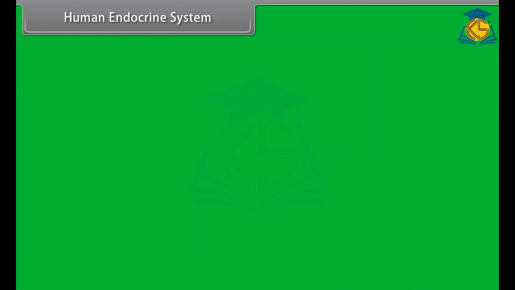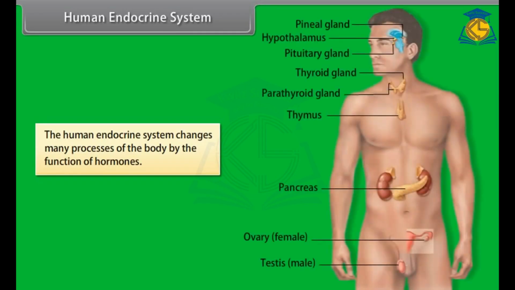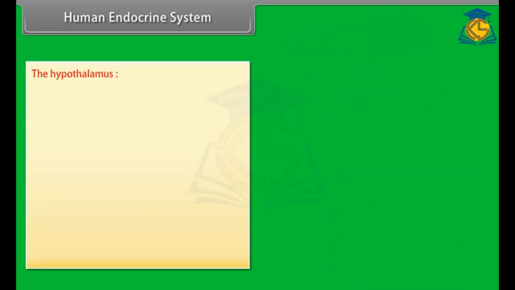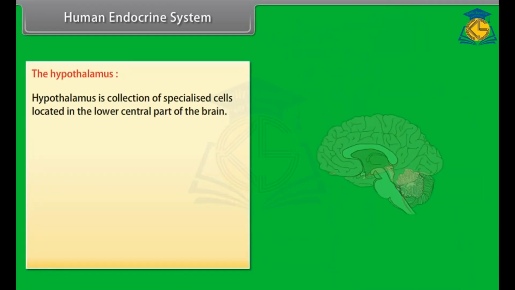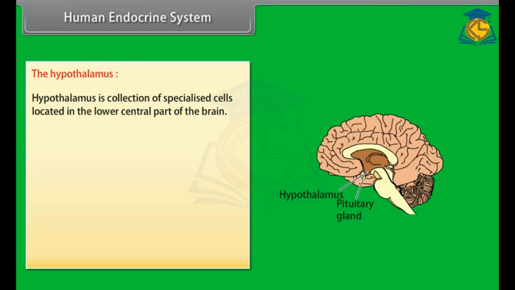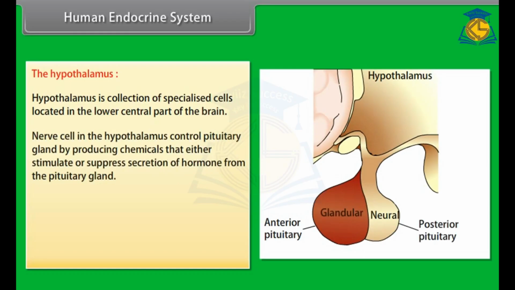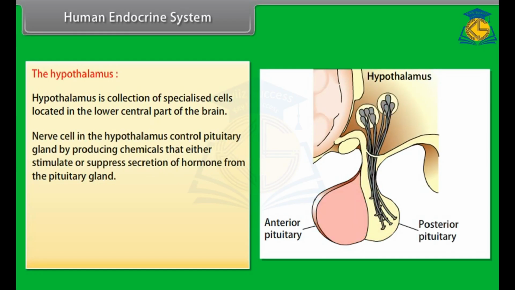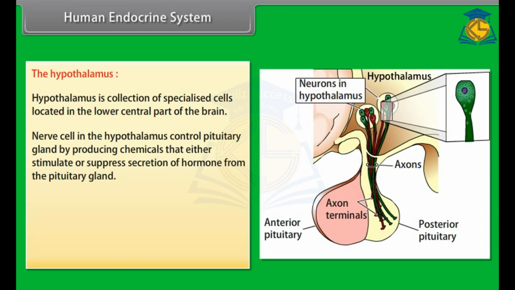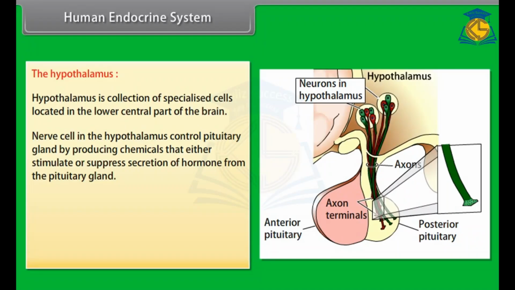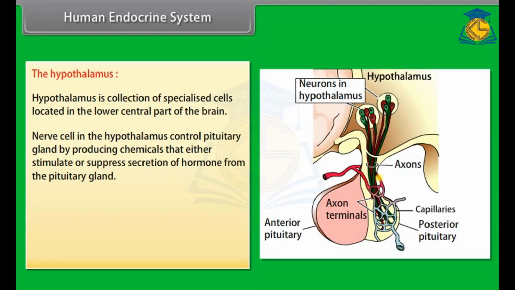Human endocrine system. The human endocrine system changes many processes of the body by the function of hormones. The hypothalamus. Hypothalamus is collection of specialized cells located in the lower central part of the brain. Nerve cells in the hypothalamus control pituitary gland by producing chemicals that either stimulate or suppress secretion of hormone from the pituitary gland.